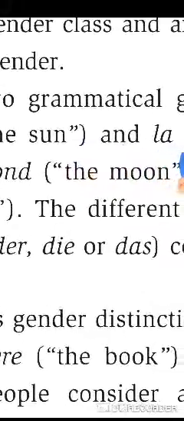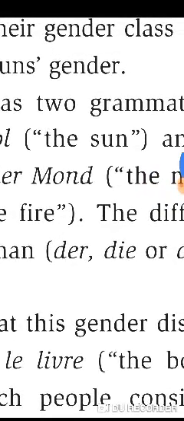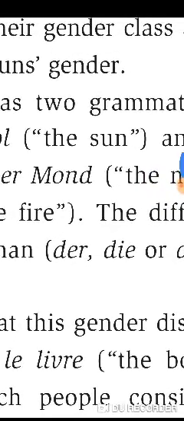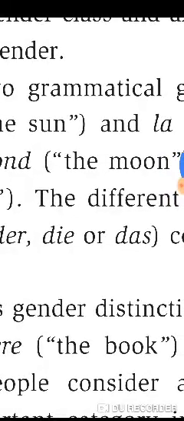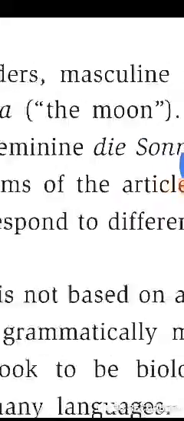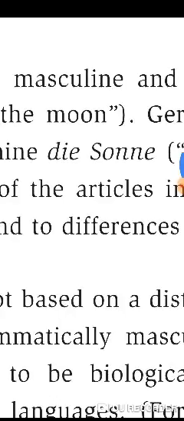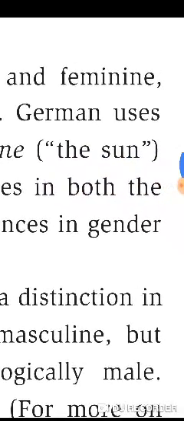What does it mean? The moon. Of course, you have to pronounce it der Mond; we write the d, and at the end we say t. So the moon is masculine in German. Feminine: die Sonne. Die Sonne means the sun. So far it is like Arabic.